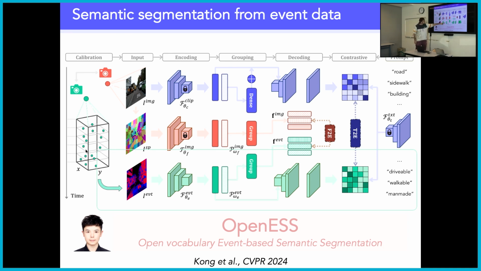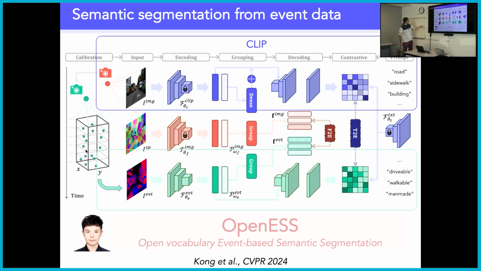This network is doing contrastive learning with the text, and so is able to extract the semantic labels from the event data. But the idea is to adapt knowledge from this part here, which is actually the CLIP network that I just presented. The network on the top is based on RGB images. It makes a connection between text and images. The idea is to adapt the knowledge from this network to the event-based network here.